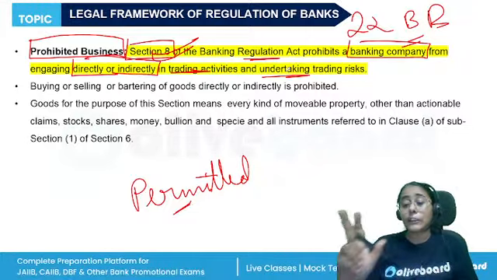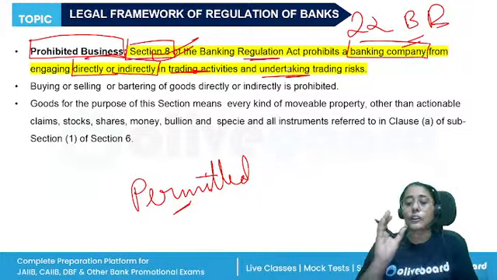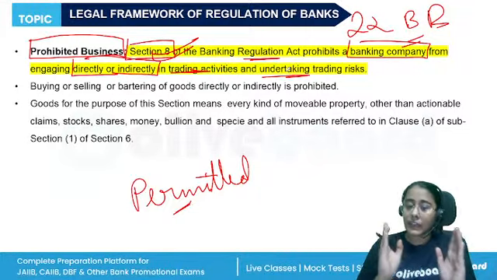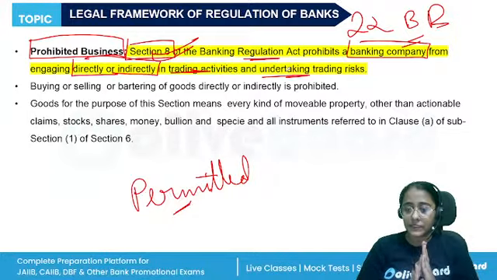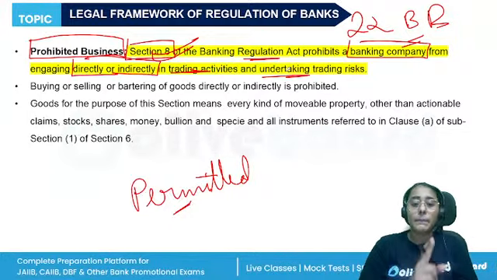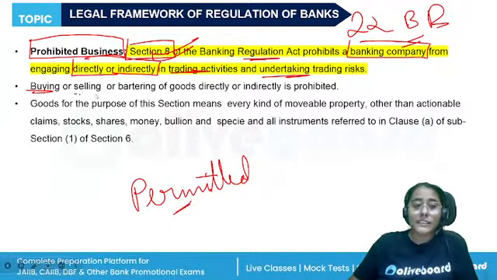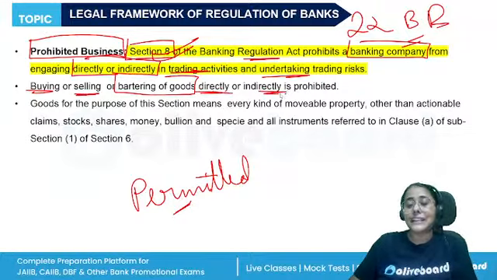Neither can they, through their subsidiaries or through their holding company, engage in trading business. This is prohibited. So buying or selling or bartering of goods is directly or indirectly prohibited. Bartering means exchange of goods.